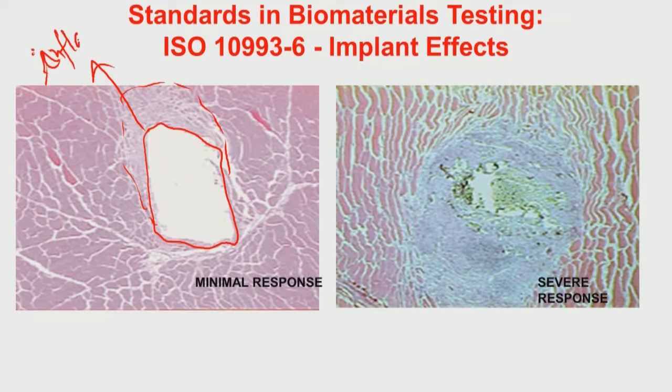This is the region of inflammation, and this is the region of inflammation, and certainly there the tissue structure or morphology is different from an area which is remote from the implant.